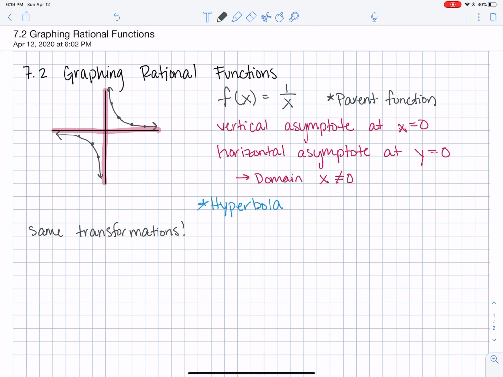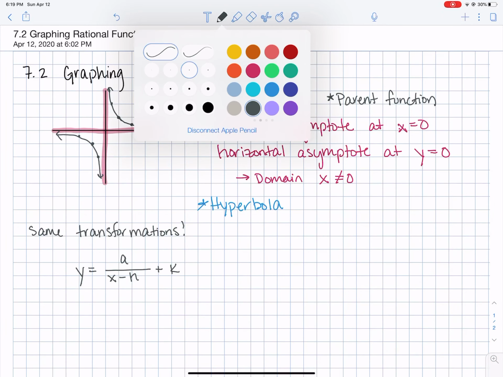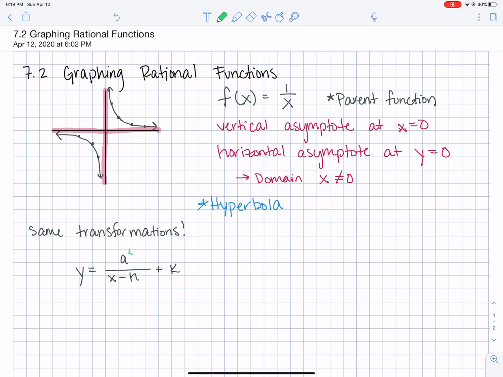So for example, I'm going to say y equals A, which would be our stretch, over x minus h, and you guys know h is your horizontal shift, plus k, which is your vertical shift. So if I switch a color here, I know that this is my stretch, and when it's negative, it's of course reflected.